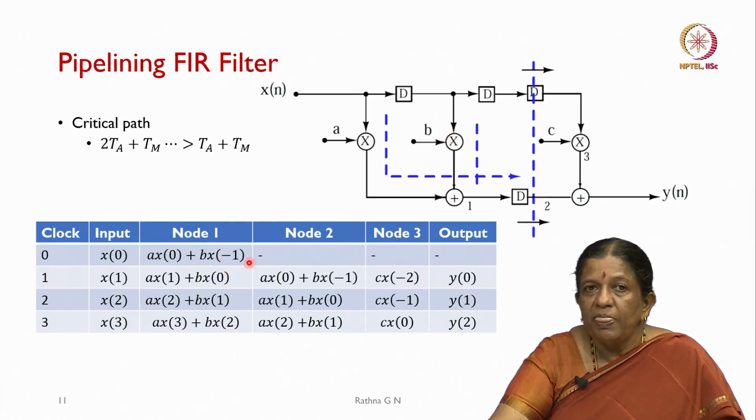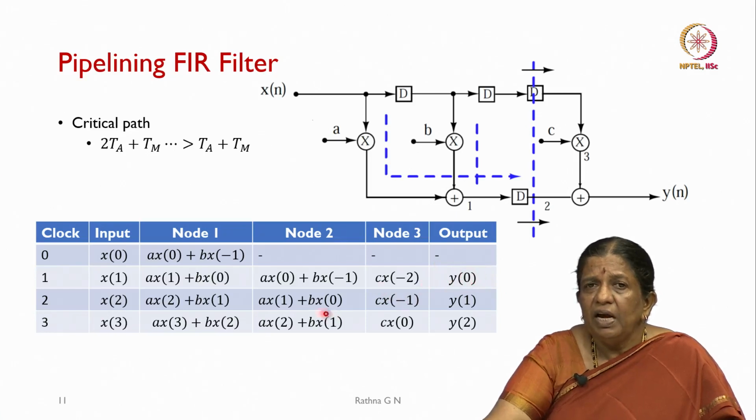In the next clock cycle, x of 1 will be the input to this unit, and node 1 is going to compute a into x of 1 plus b into x of 0. In node 2, because this has moved to the next clock cycle, it will be a into x of 0, the previous one, plus b into x of minus 1, and node 3 is going to be c x of minus 2, and this will be my y 0.